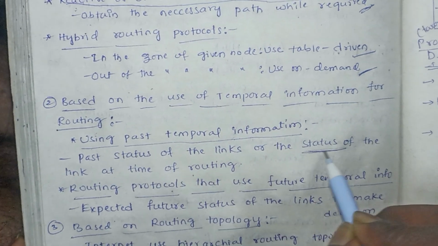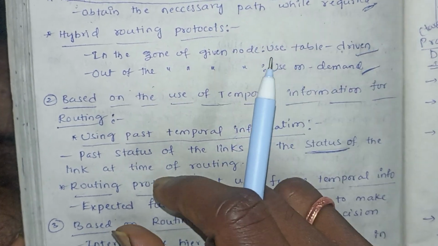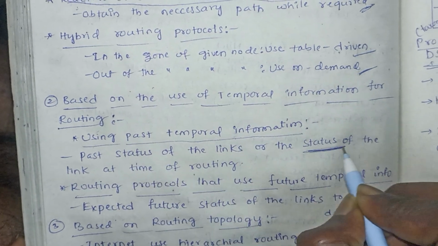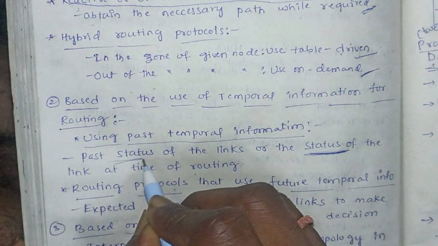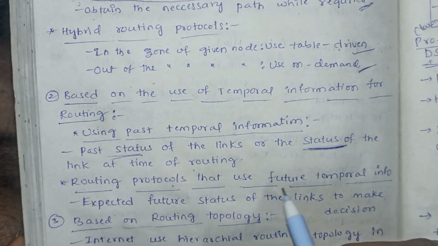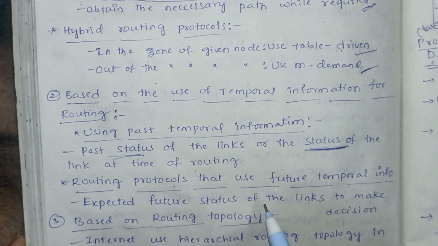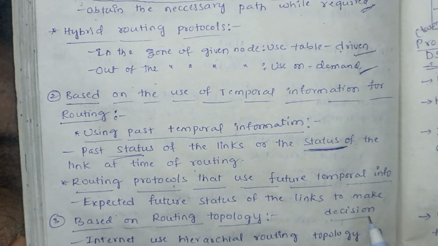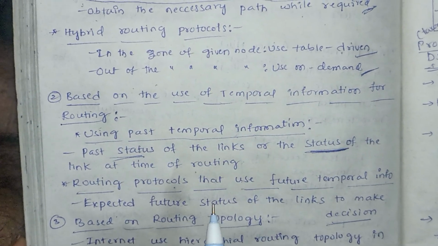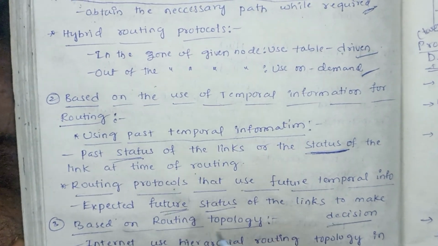Based on the past status, we send the data from one node to another. Other routing protocols use the expected future status of the links to make decisions. This is nothing but that we are going to predict what is going to happen in future.